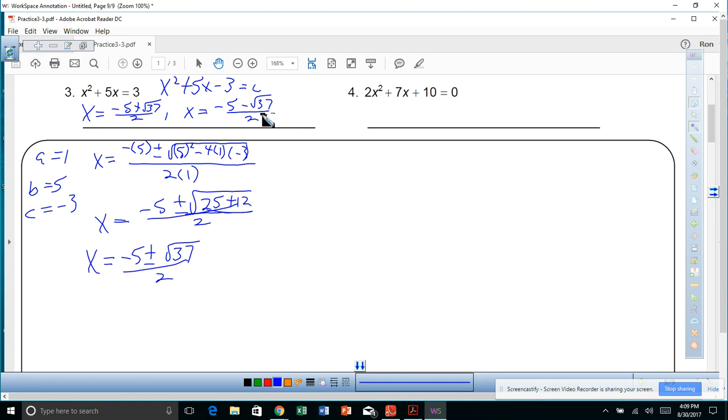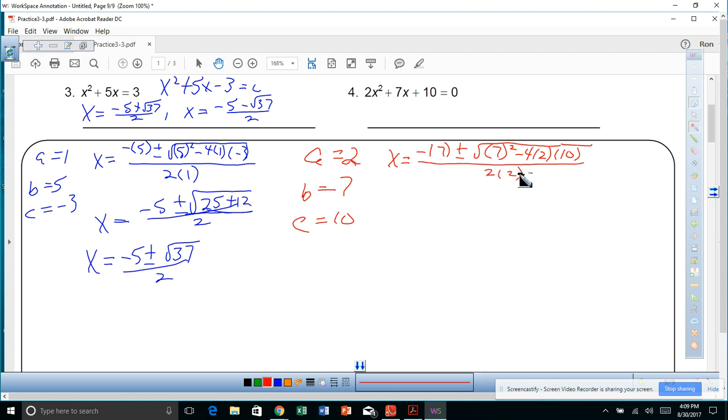Number 4 is actually easier. It is already in standard form. So you're going to have a equals 2, b equals 7, and c equals 10. All right. So x equals negative 7 plus or minus the square root of 7 squared minus 4 times 2 times 10, all over 2 times 2.